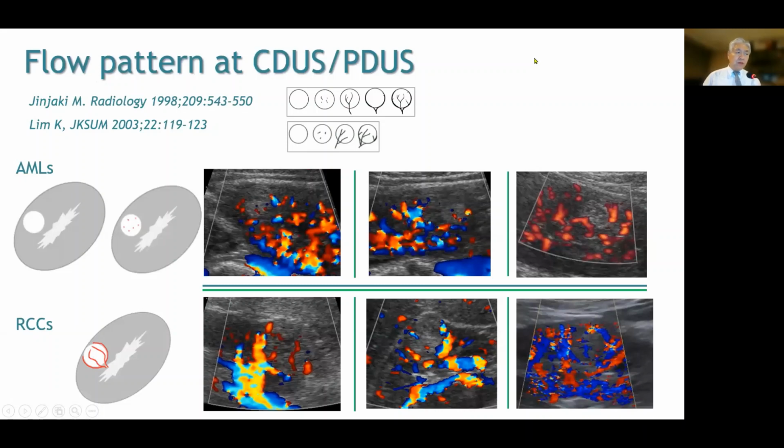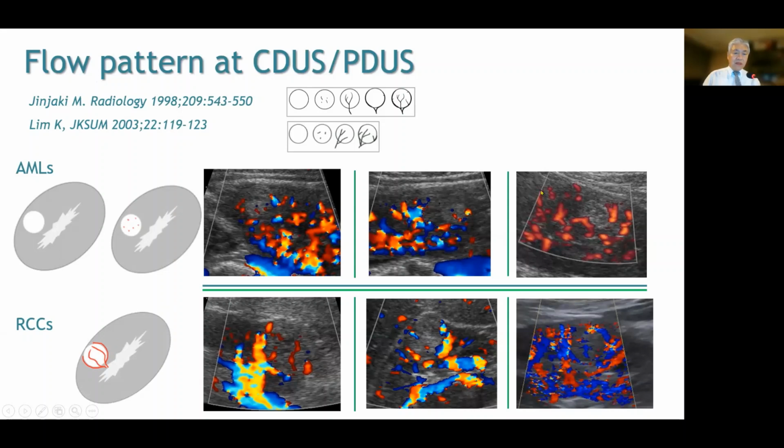Doppler ultrasound is also useful in characterizing questionable cases between angiomyolipomas and renal cell carcinomas, because angiomyolipomas usually show absent or just a scanty amount of mottled flow signals in the mass, while renal cell carcinomas usually show prominent intratumoral vessels.